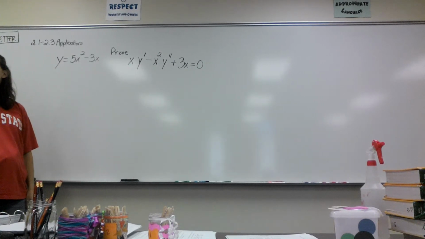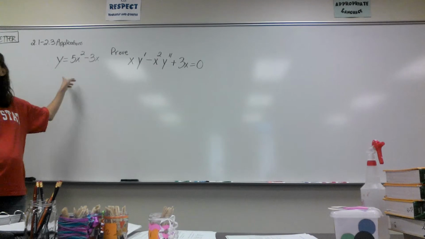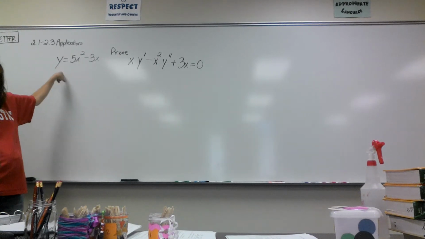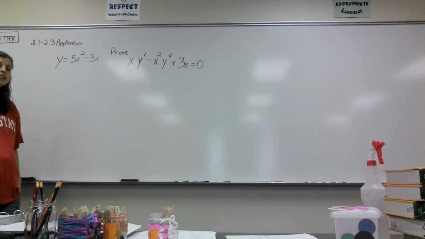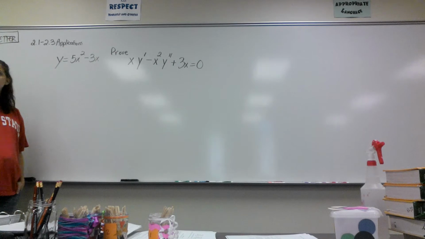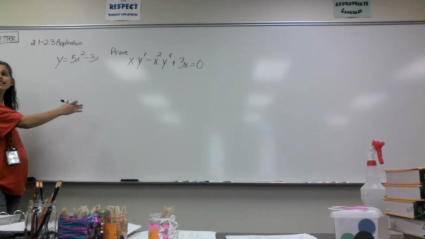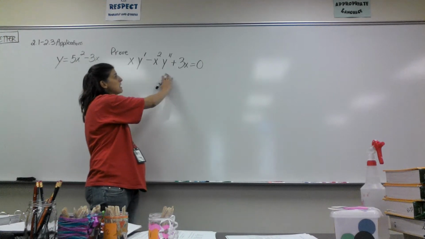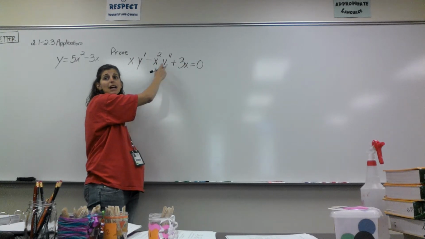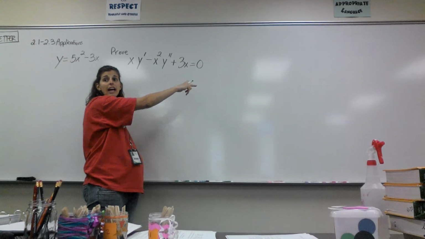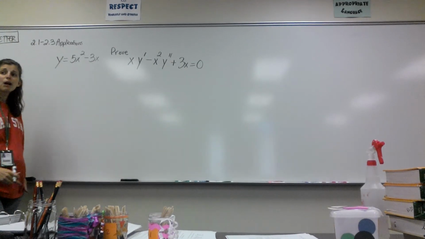I'm giving you these two things and saying prove that this works in that. You just find the prime of y, plug them into that, and then find another prime of y. It doesn't matter what x is, because what this says is I should be able to simplify this side with a specific y prime and y double prime and get 0. And if that doesn't happen, then I've probably done something wrong.